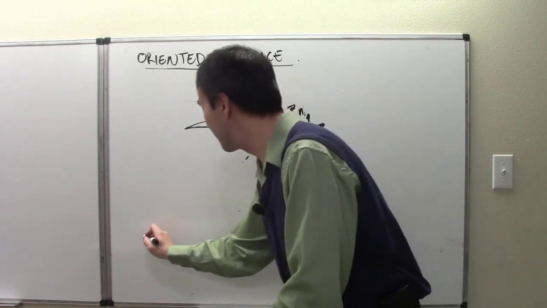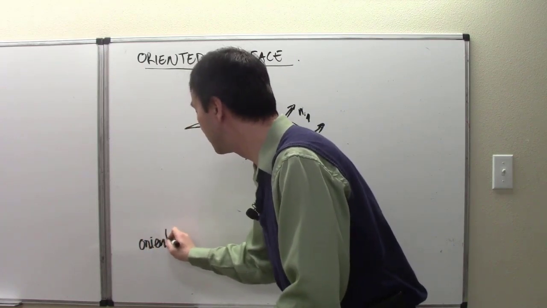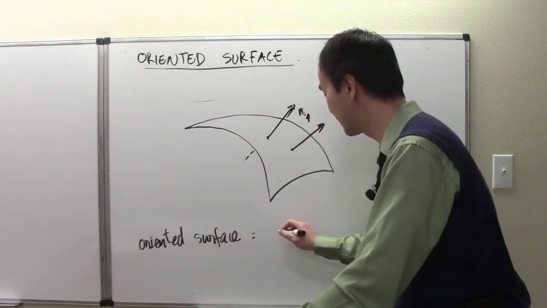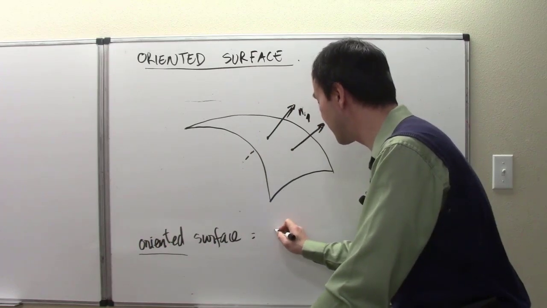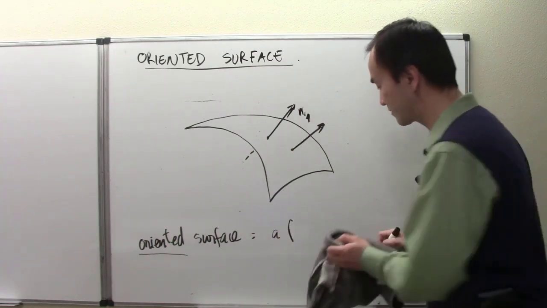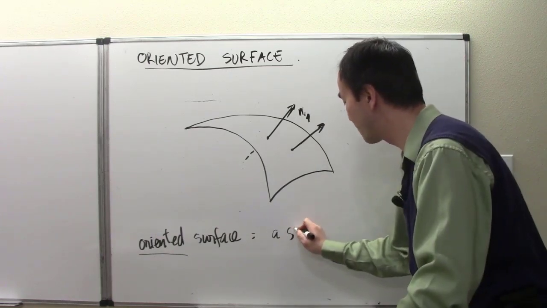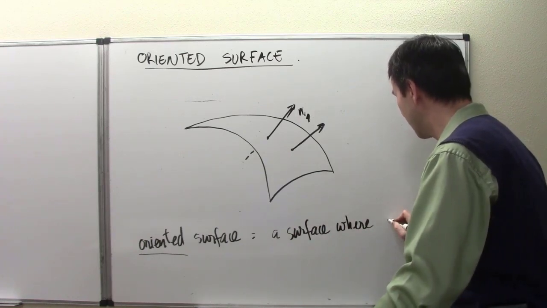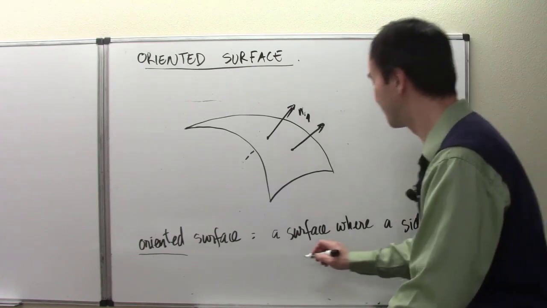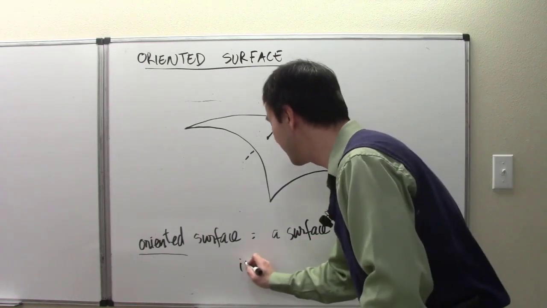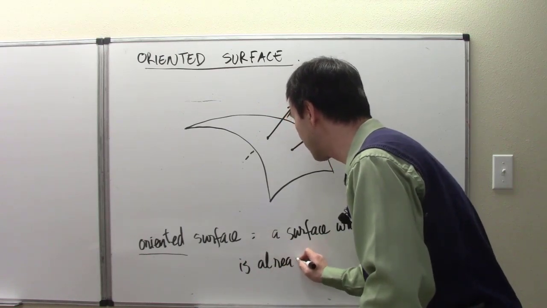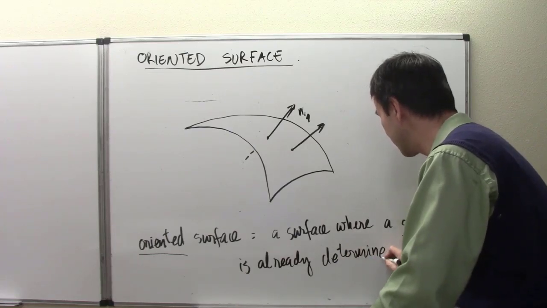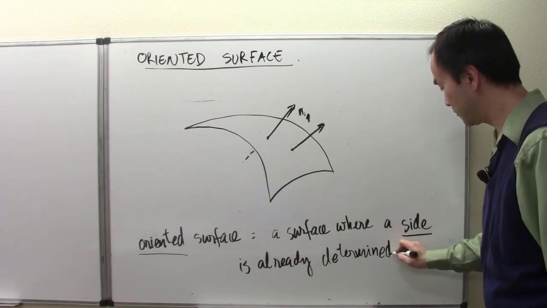In that way, an oriented surface means a surface where one side is already determined.